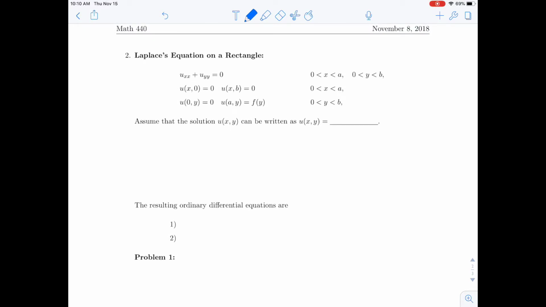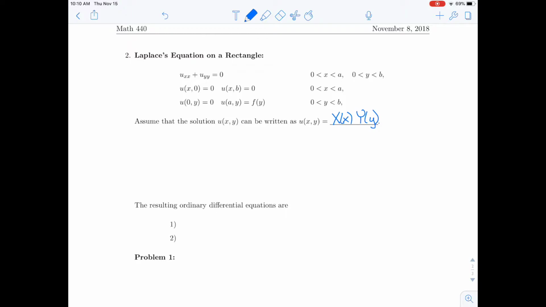We now want to solve Laplace's equation on a rectangle. So we will solve this using separation of variables. We're going to assume that our function u of x, y is a function X of x times a function Y of y.